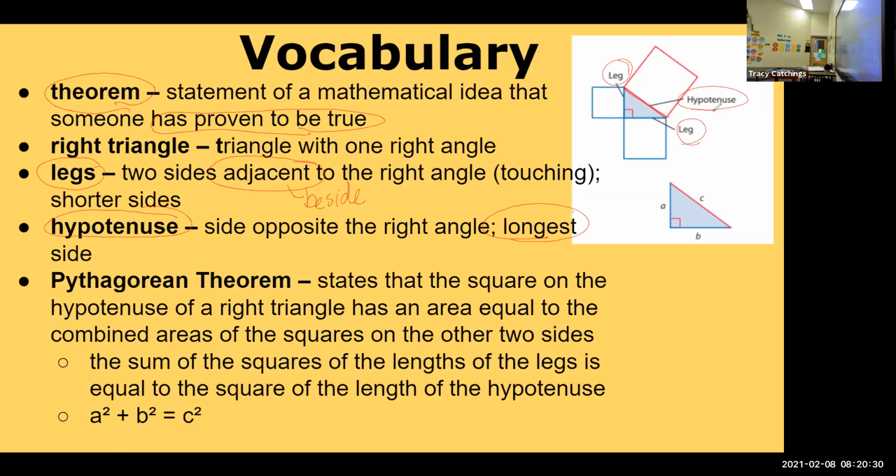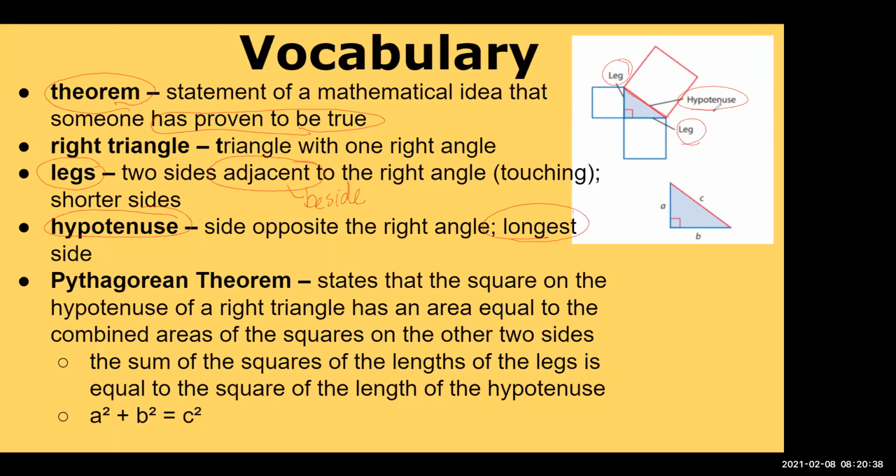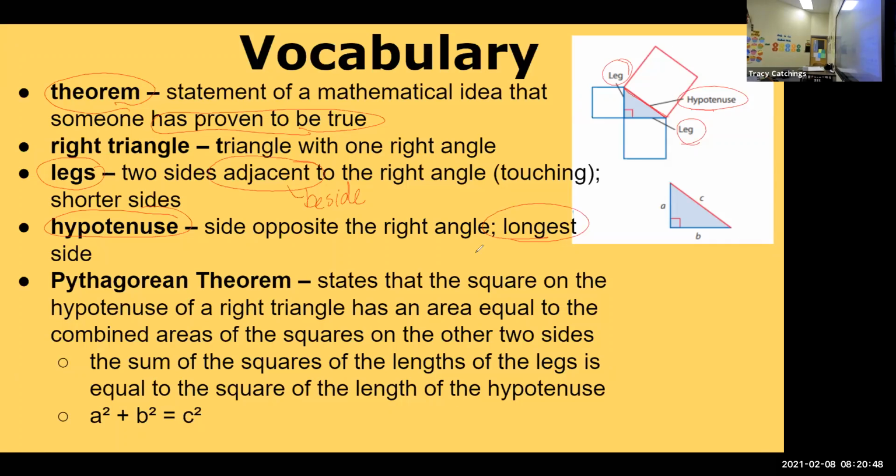All right, the Pythagorean theorem. Someone tell us what it states. That the square of the hypotenuse of a right triangle has an area equal to the combined areas of the squares on the other two sides.